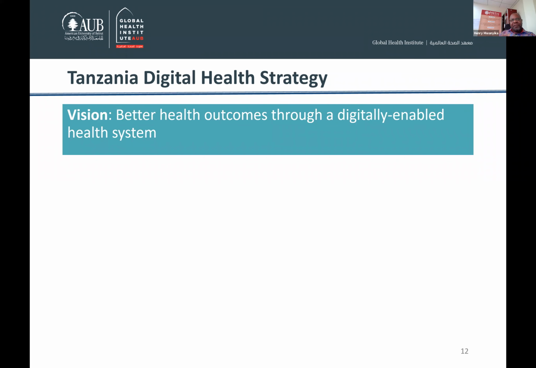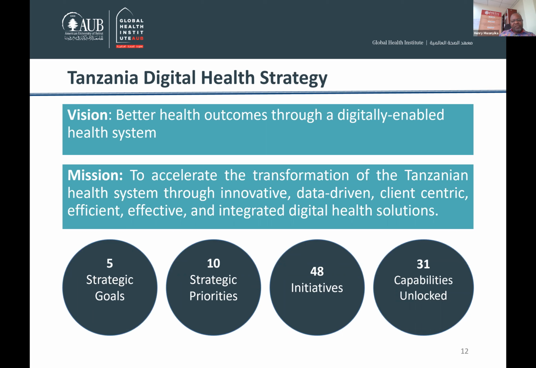So the strategy itself is all client-centric. How can they improve patient experience? And they came up with 5 strategic goals, 10 strategic priorities, 48 initiatives, and 31 capabilities unlocked.